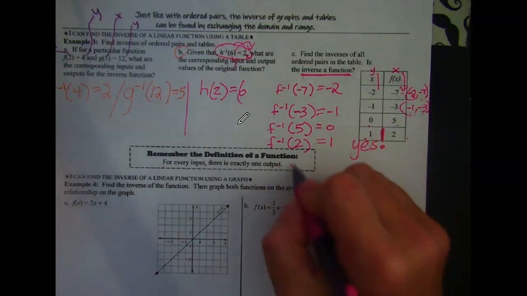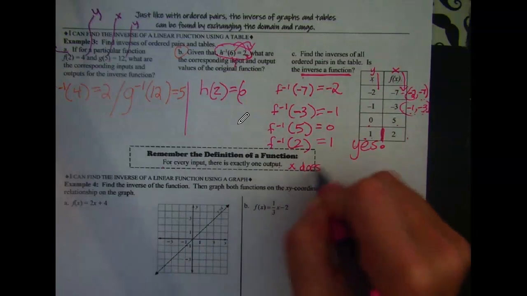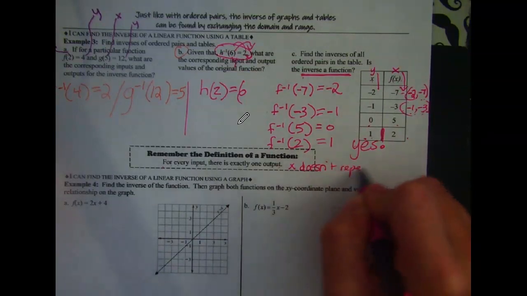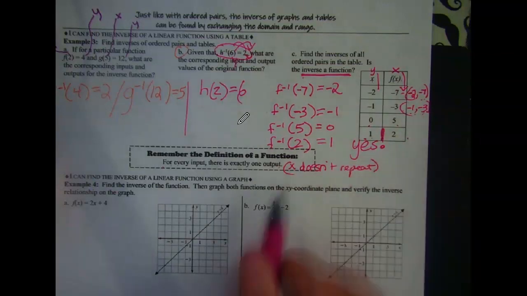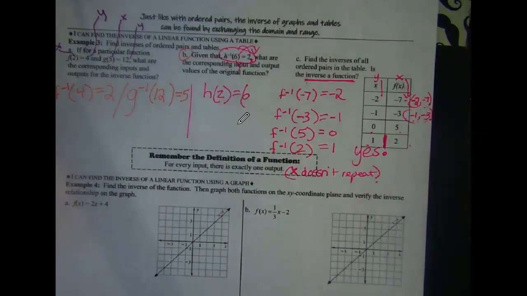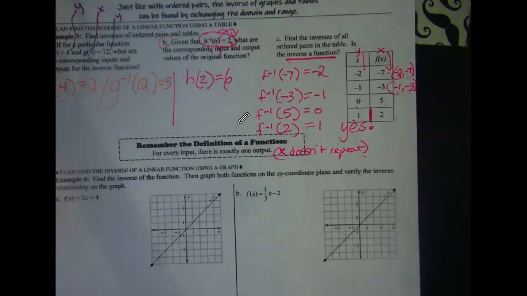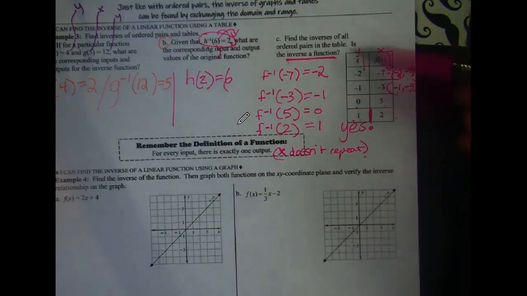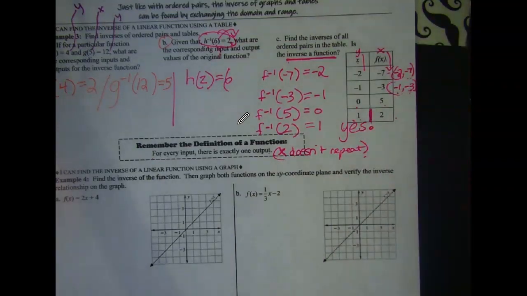So that means x doesn't repeat. You might want to write that. That makes it easier to think about. Your x, or whatever your inverse x is, it just can't repeat. Whatever is in the y position, whether you're switching them to an inverse or it's the original y, can repeat, but whatever is in the x value cannot repeat.